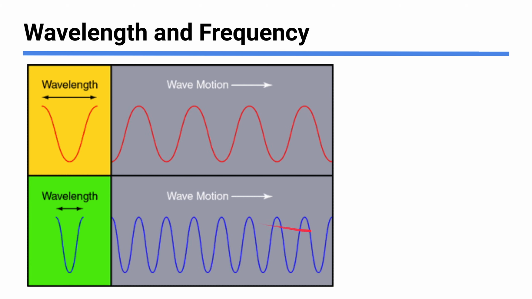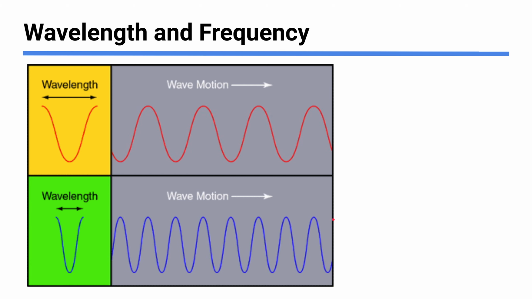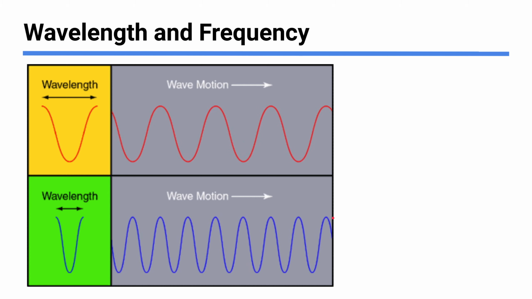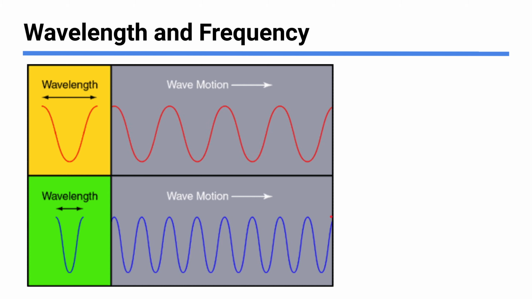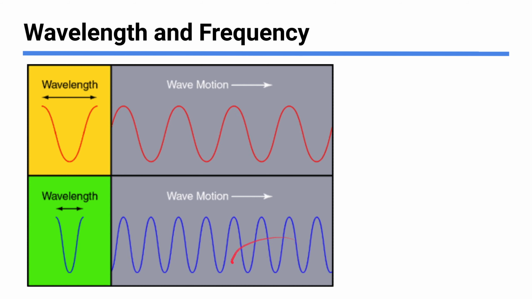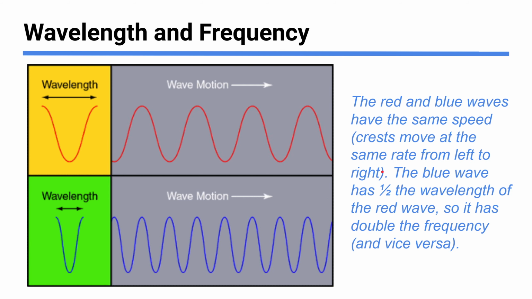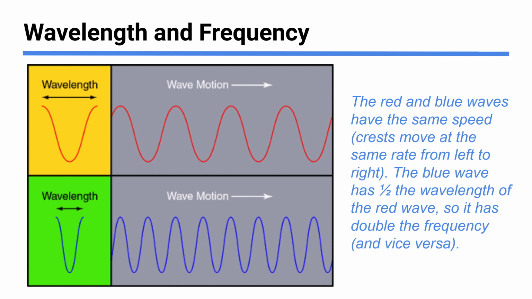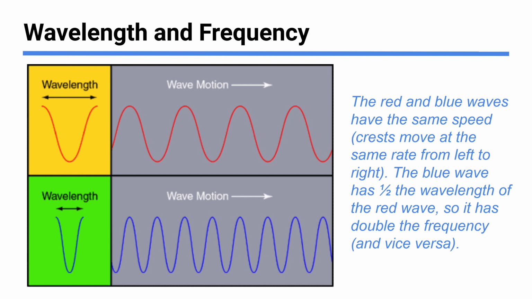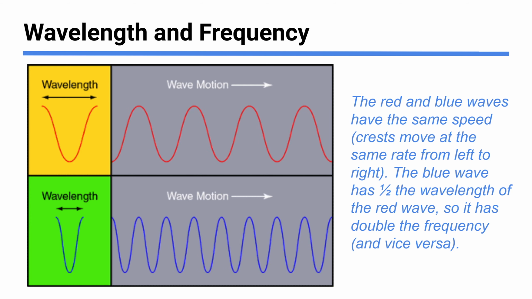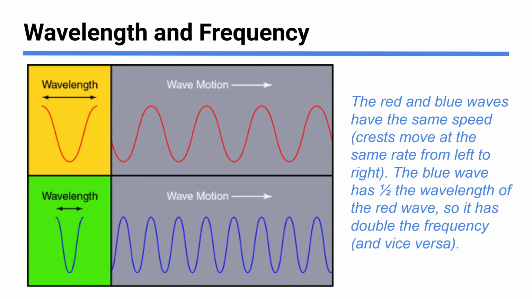Down here, they're closer together, so you got a much faster now, and now, and now, and now. You got a much faster frequency for the blue wave. Physically that should make sense. If they're going at the same speed, and the blue one's peaks are closer together, then those peaks are going to pass you at a faster rate. That's all we mean by wavelength and frequency, and why they have this relationship.